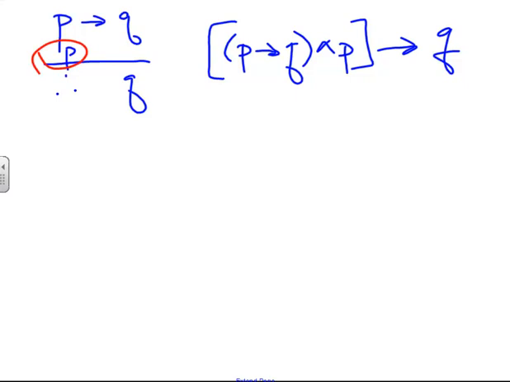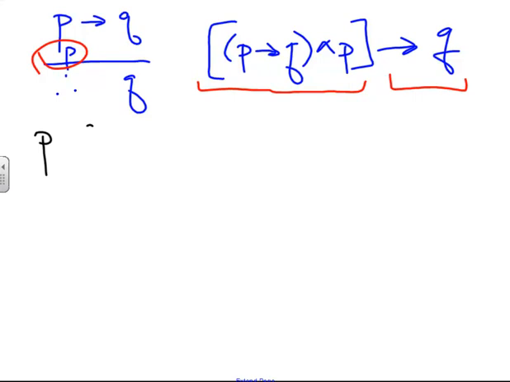Therefore Q. So if all of this is true, then this has to be true. So in order for this to be a valid argument, the last column of our truth table must be all true. Let's take a look at the truth table we would do for this.